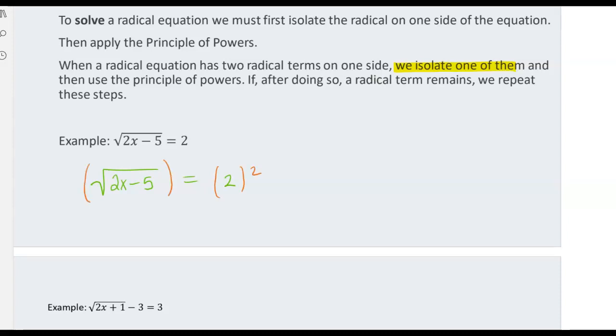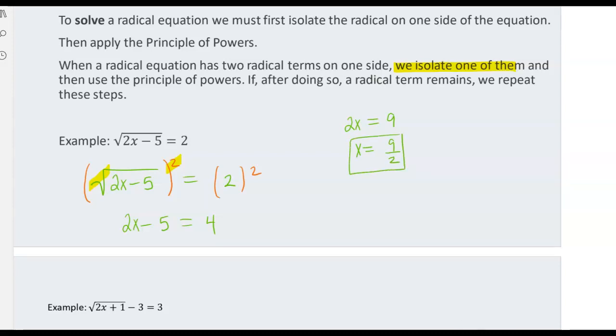As long as I do the same thing to both sides of an equation, I'm always fine. The square root and the square cancel each other, so we have 2x minus 5 equaling 4. Add 5 to both sides, so 2x is equal to 9, and then divide by 2. x is equal to 9 over 2.